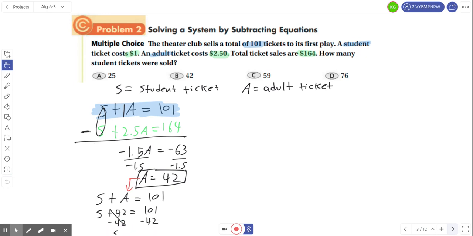And 42 is away. S equals 101. Take away 42. 59.